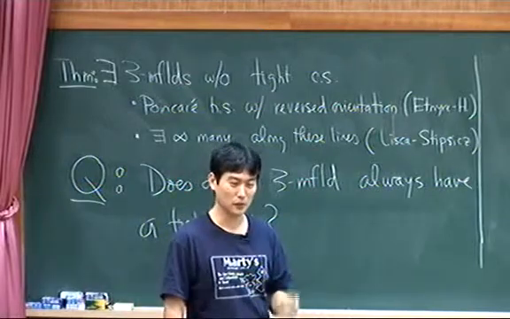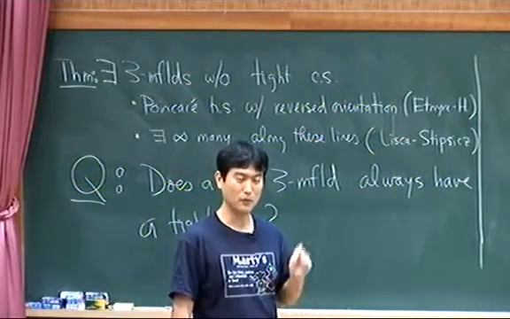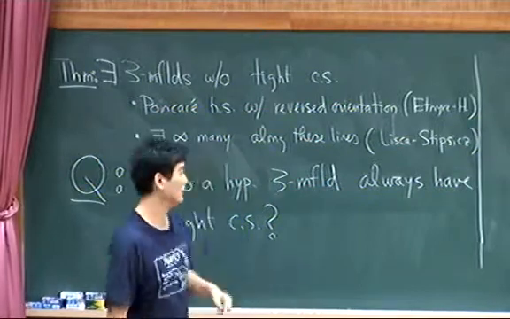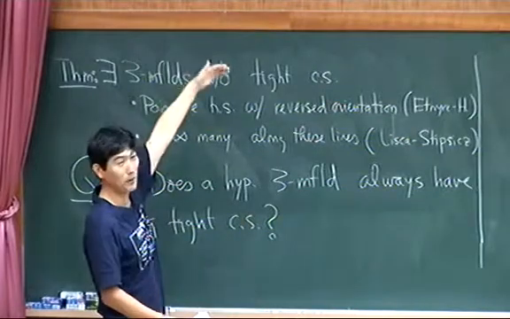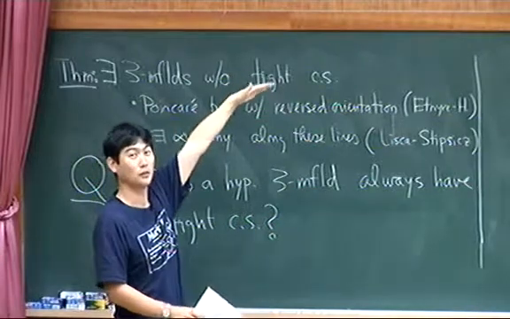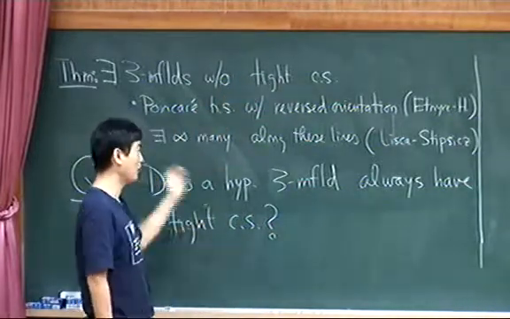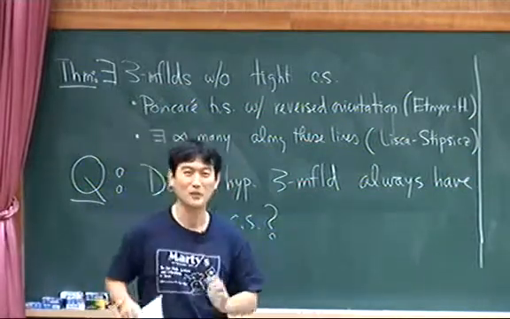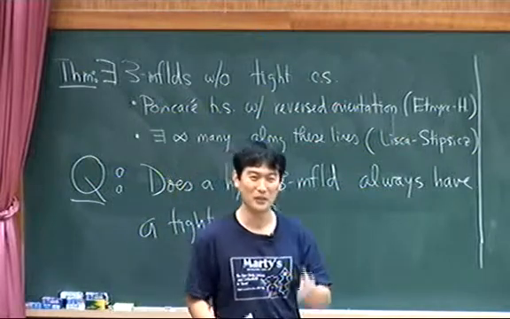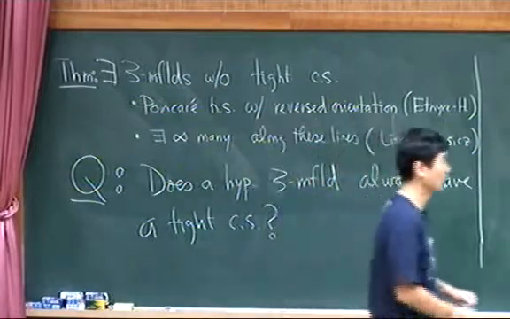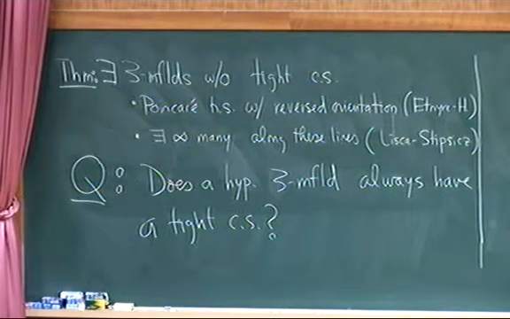The second thing is that there are also hyperbolic three-manifolds which don't have universally tight contact structures. Universally tight means if you have a contact manifold and you pull it back to the universal cover, the contact structure that's tight here still remains tight in the universal cover. There are hyperbolic three-manifolds without this property. So you have to be smart in order to show that every hyperbolic three-manifold has a tight contact structure. It's easier to show that it doesn't, probably. But okay.